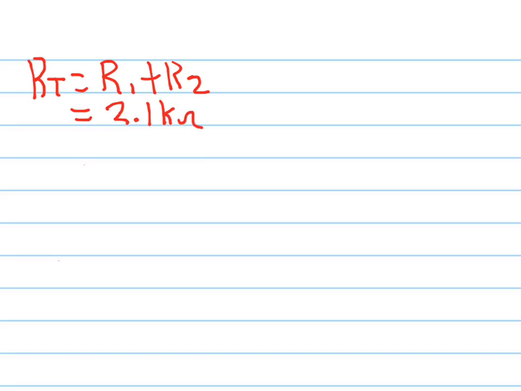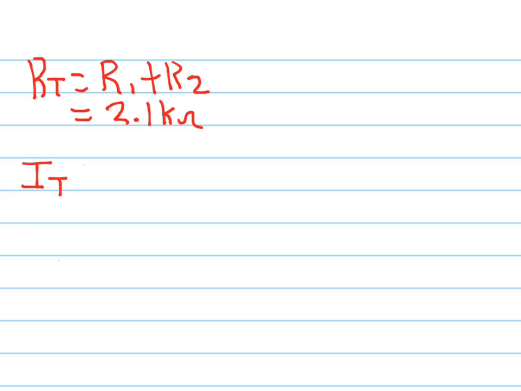And now we can find everything again. RT equals R1 plus R2. That's going to be the 500 ohms, 0.5 K plus 1.6 equals 2.1 K ohms.